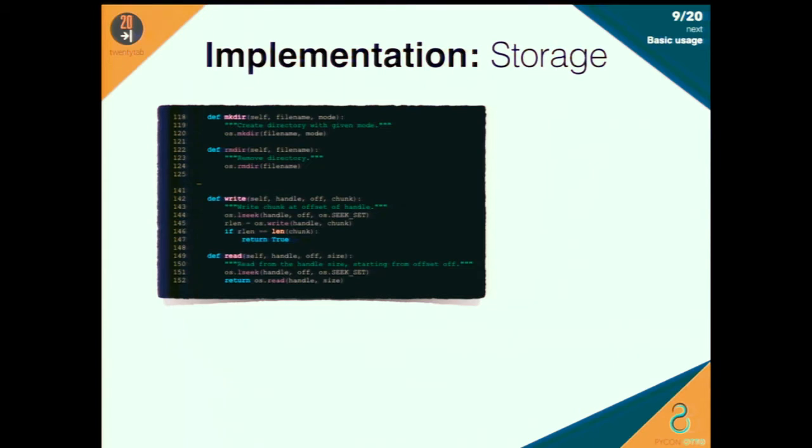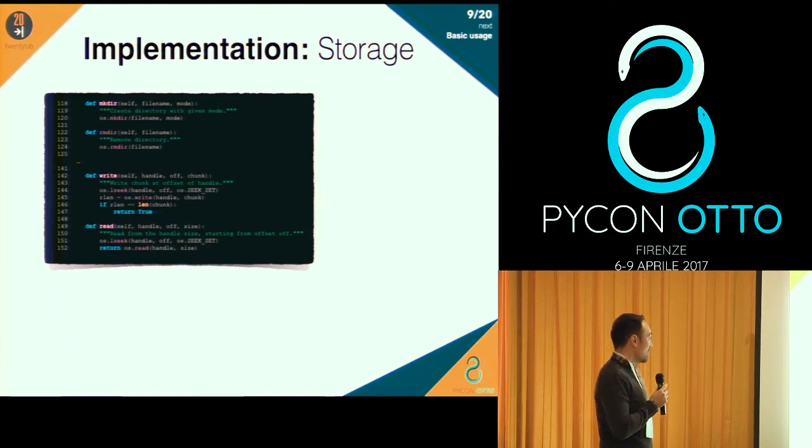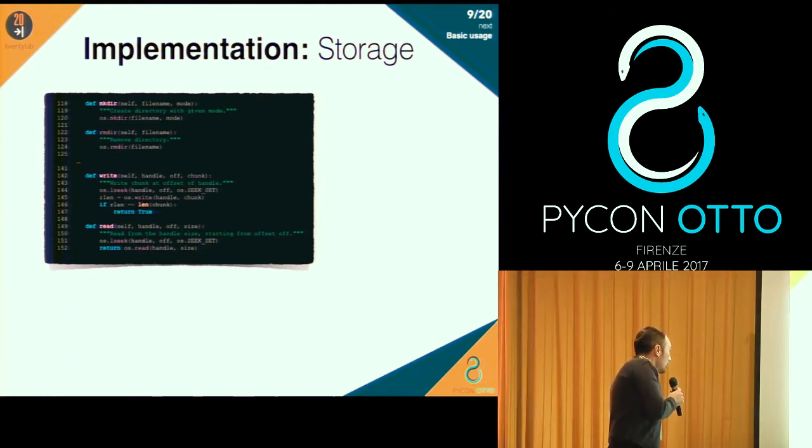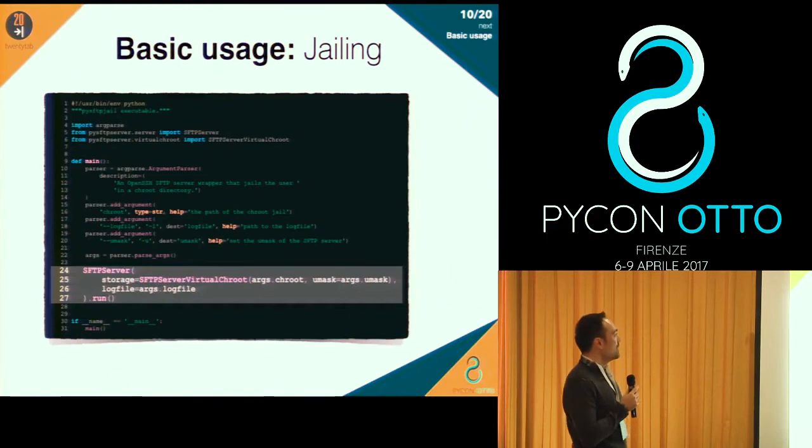But here you can potentially do whatever you want in the storage to perform these actions. And also the reading and writing of the file, it's simply using the resources that OS gives you.